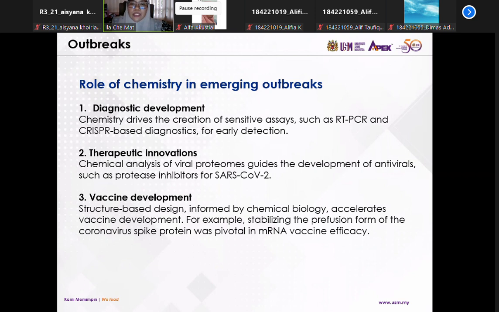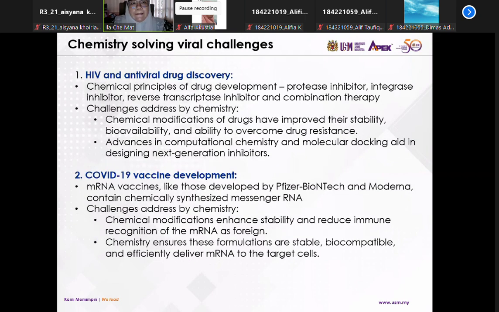So we have to make sure the vaccine delivers the mRNA and that our body recognizes it as a safe mRNA, not a foreign mRNA. If we recognize it as foreign mRNA, that's why a lot of side effects happen after vaccination. Okay. Chemistry solving viral challenges. So I put here 3 examples.